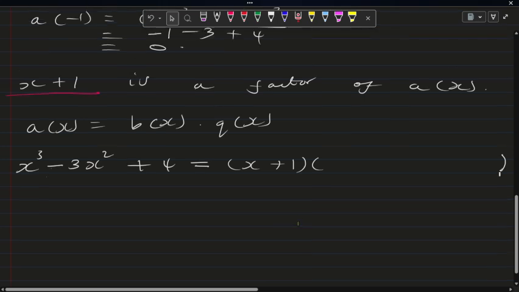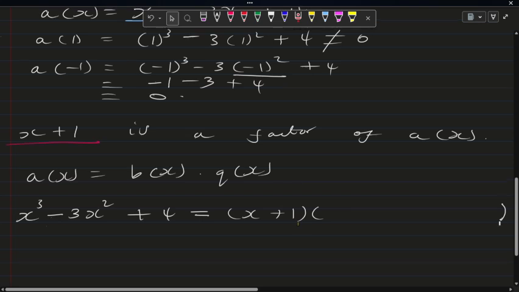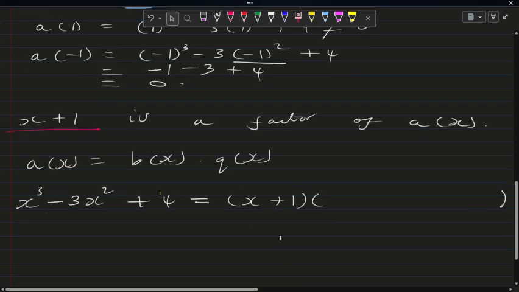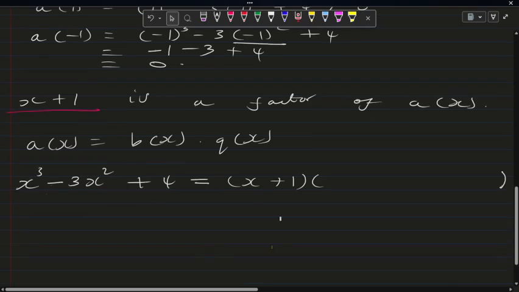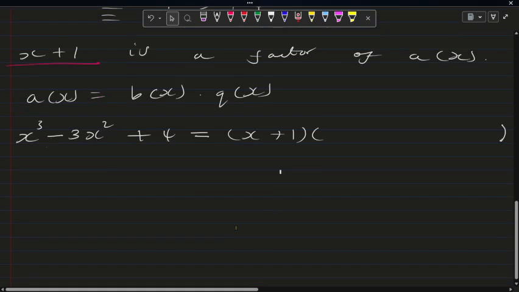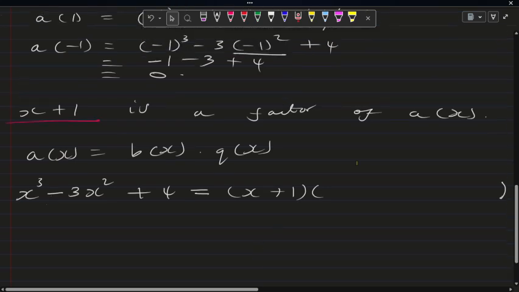There are two ways to determine the value of q of x: the long way and the short one. The long one is the idea of long division that we introduced in earlier sessions, and the shortcut method is another method that I will discuss in this session as well.